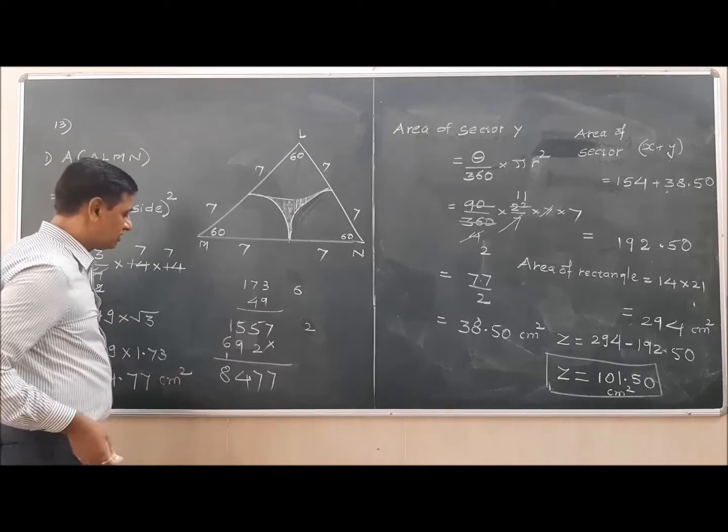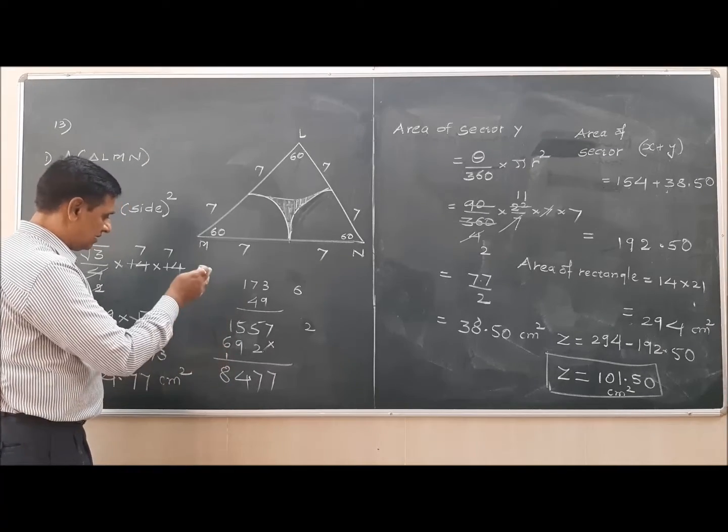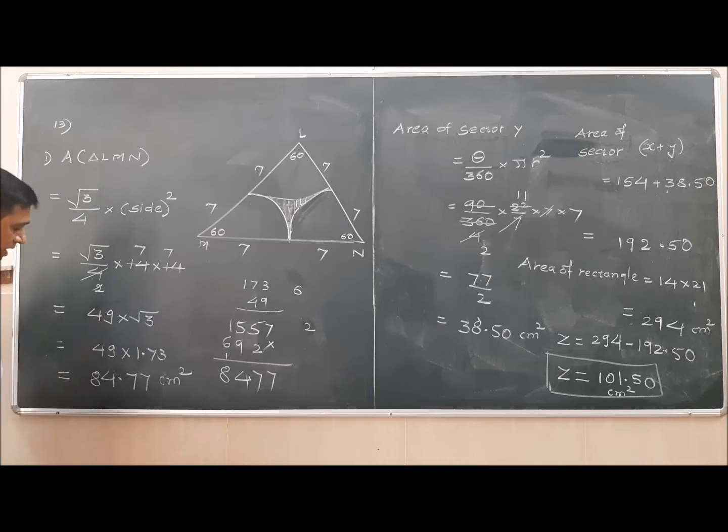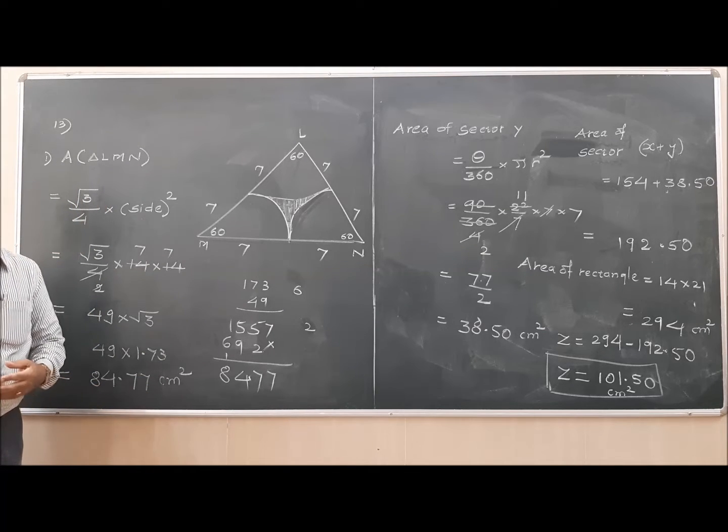And plus 2 is 6, so 7, 7, 9 plus 4 is 14, 1, 6 plus 2 is 8. Now, here I have got the value as 84.77.